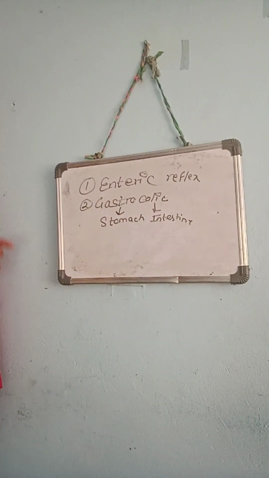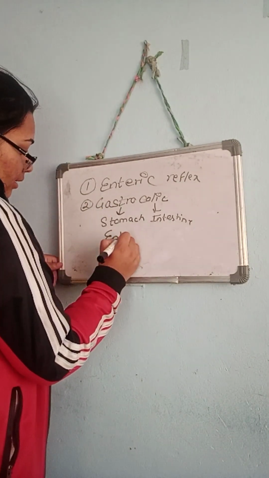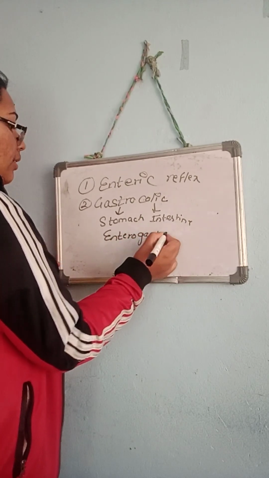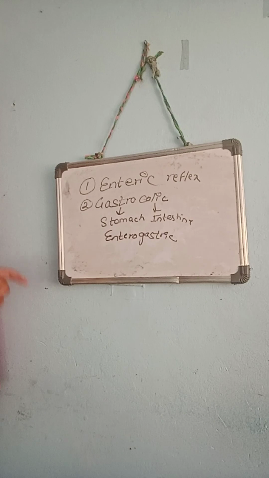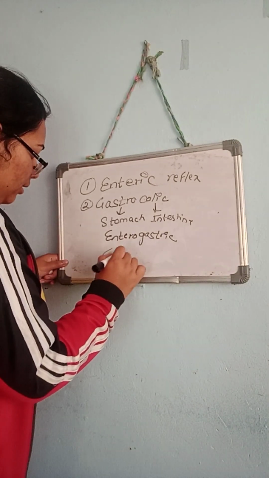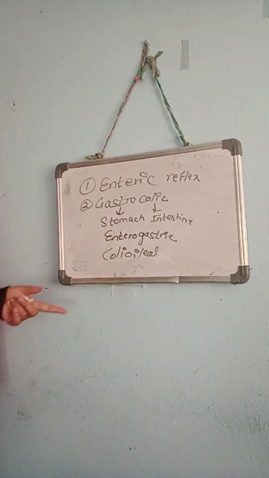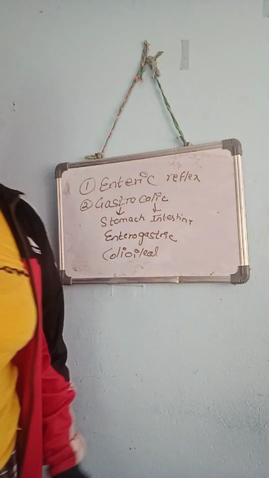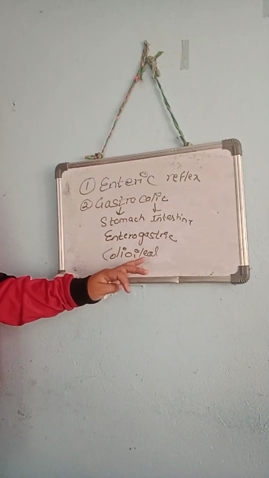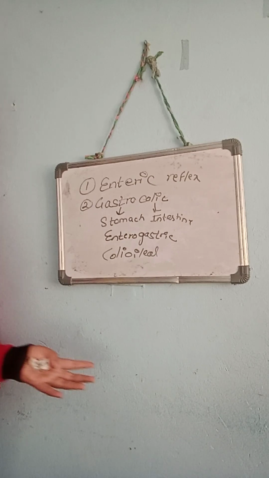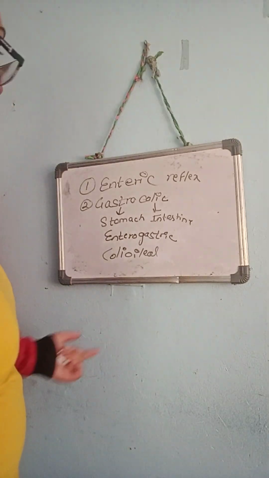Then the enterogastric reflex, and again the colioileal reflex between the colon and the ileum. So these are the examples of the reflexes from the gut to the prevertebral ganglia of the sympathetic nervous system and again back to the gut.